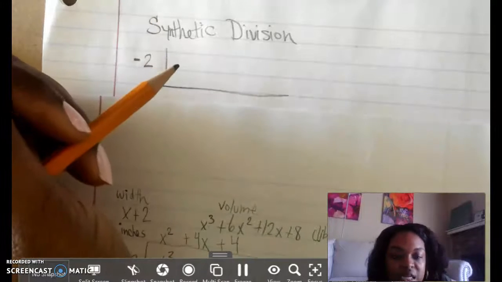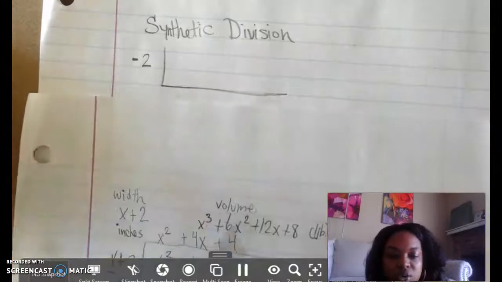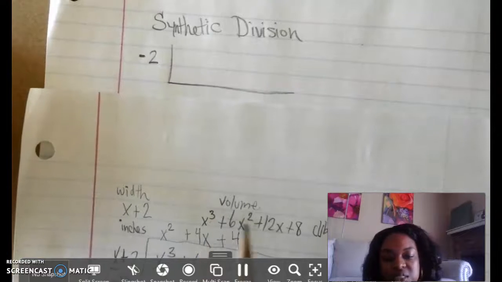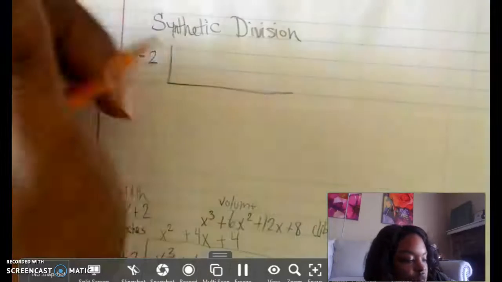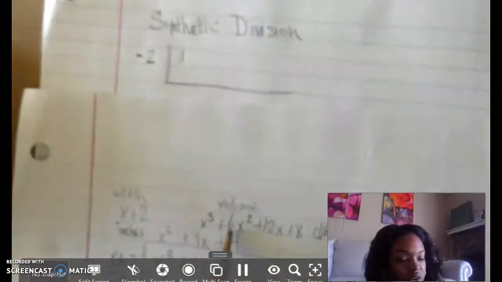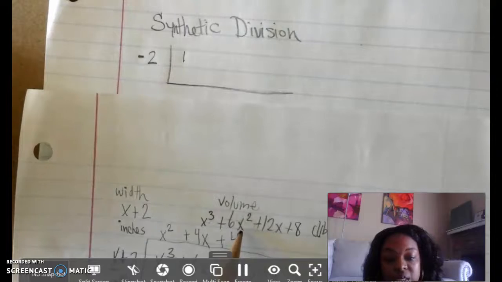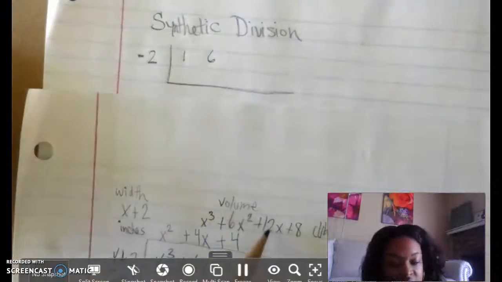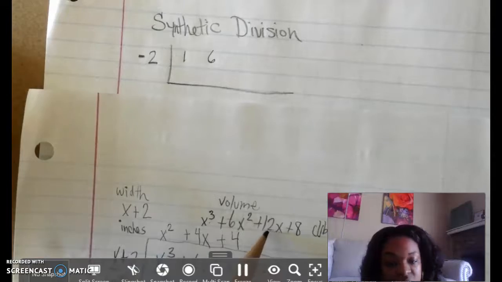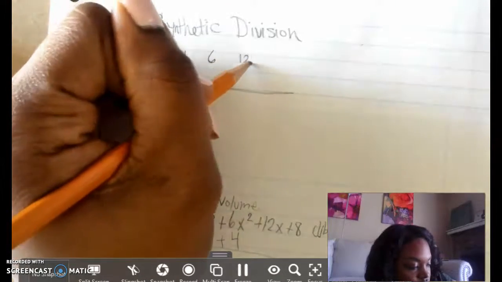Then inside, again, we're only using numbers. So instead of writing this entire polynomial, I only use the coefficients. So for x cubed, how many x cubes do I have? Well, I have 1. For 6x squared, how many x squareds do I have? 6. That's the coefficient. How many x's do I have here? I have 12. That's the coefficient.